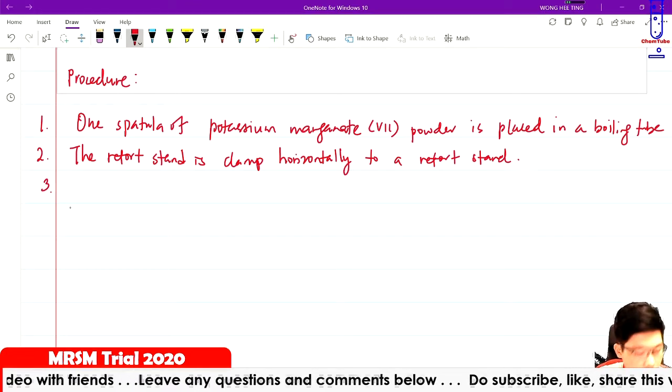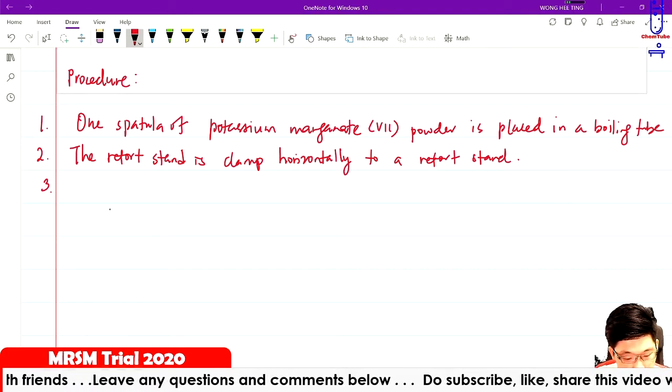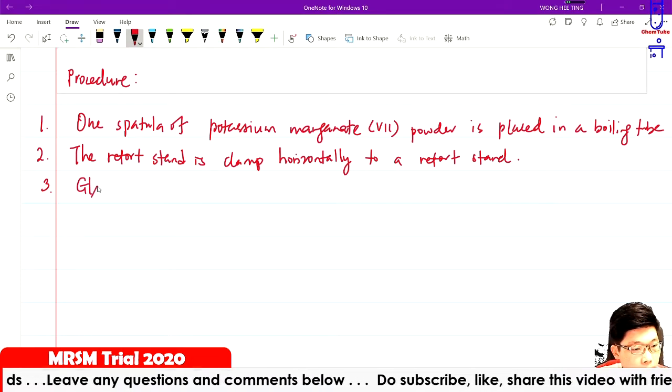Okay, after that, the glass wool is placed in the boiling tube.